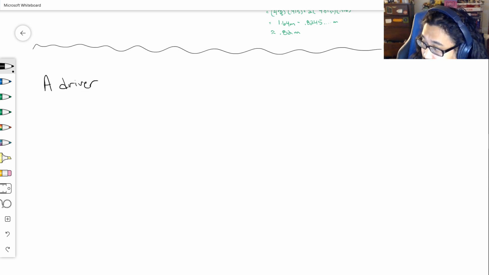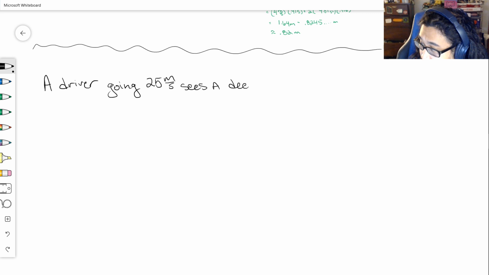A driver going 25 meters per second sees a deer and slams on the brake.